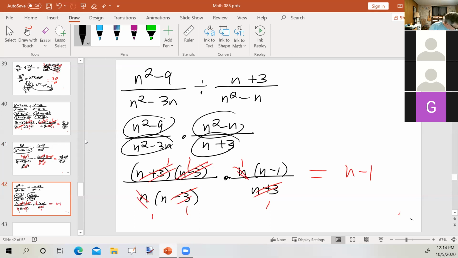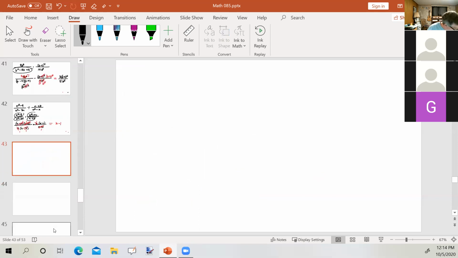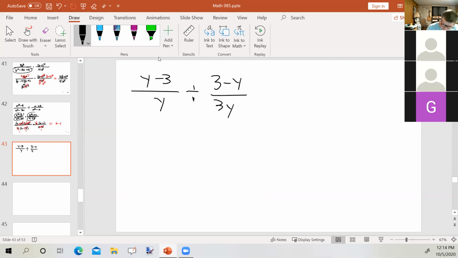Let's see here. How about this one? y minus 3 over y divided by 3 minus y over 3y. So that would become y minus 3 over y times 3y over 3 minus y.